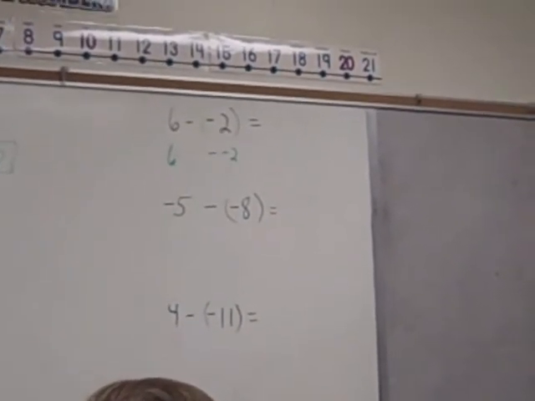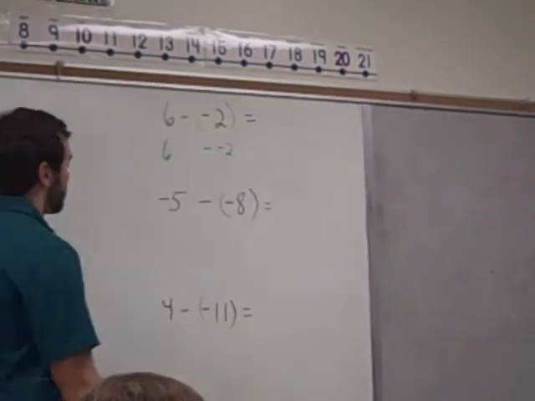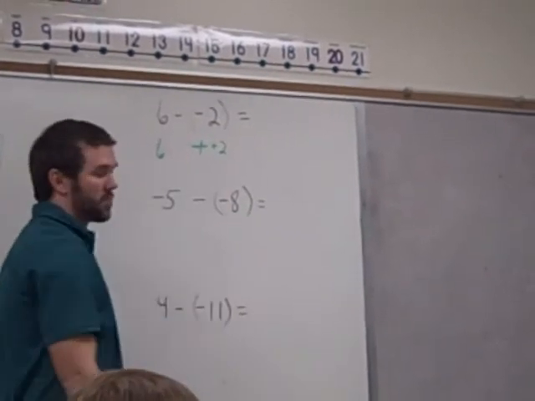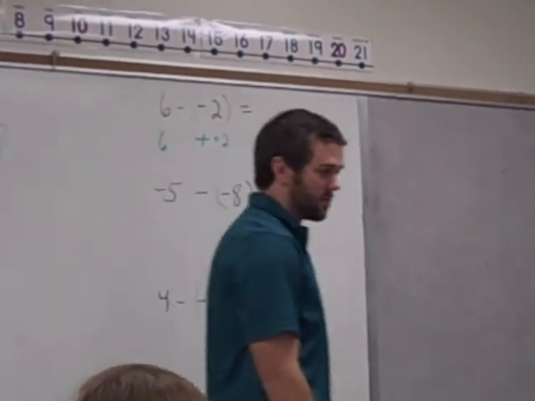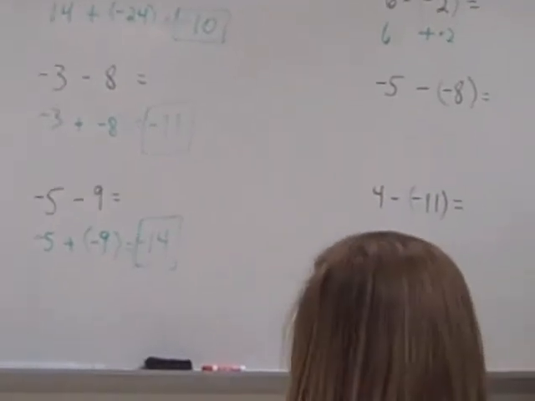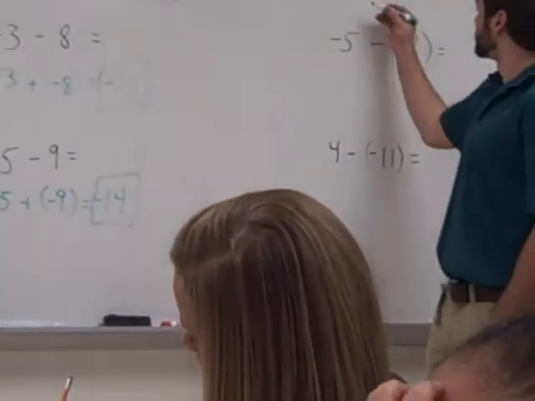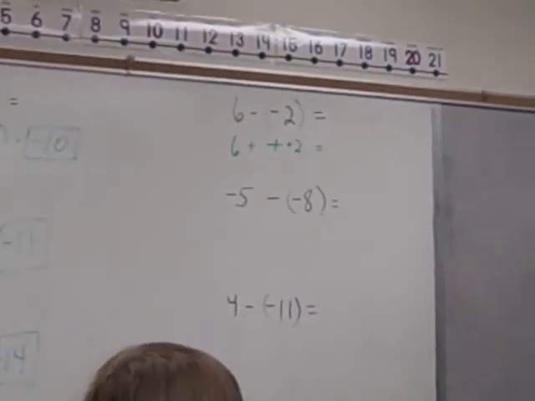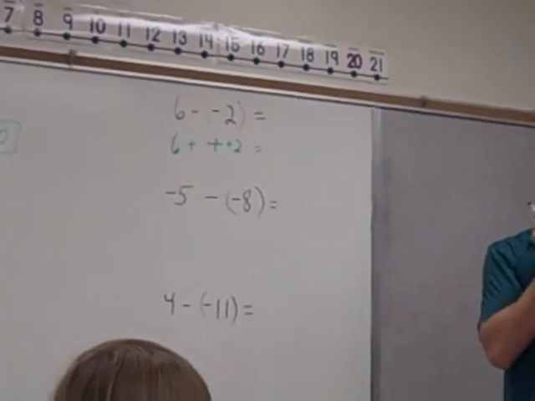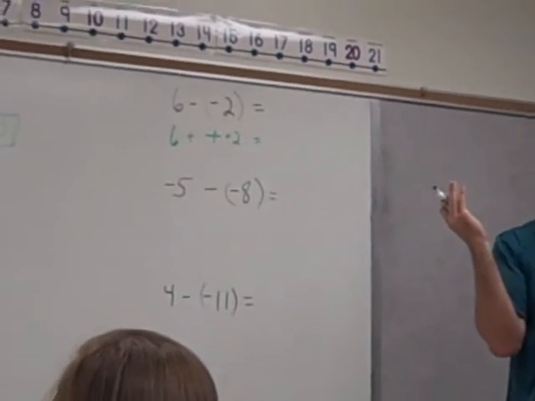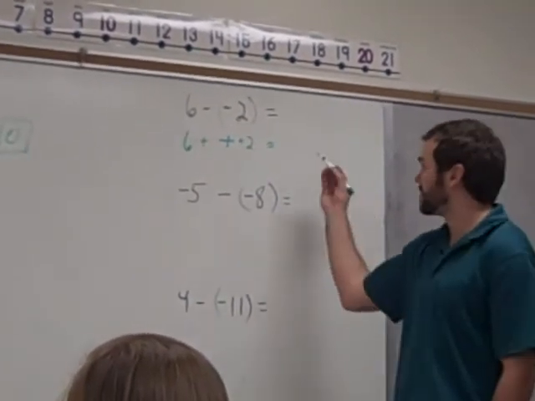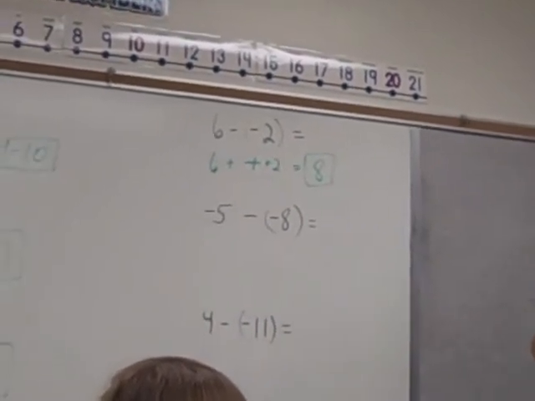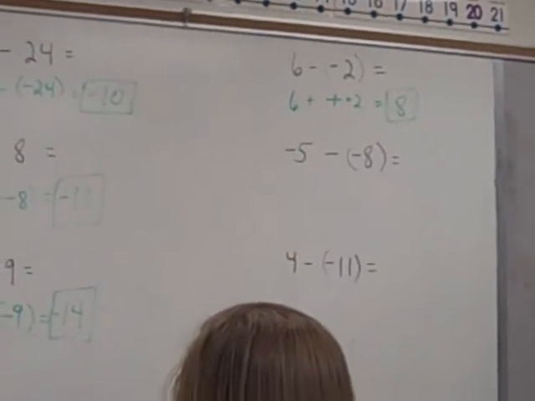Change both. Addition sign. So I now have 6 plus positive 2. Okay, we forgot to put our first plus sign for step 2. So really we got a plus, plus, plus. There. 3 pluses. But now all it is what? It's really 6 plus 2, right? And it's just 8. That's it. So all you do is just change both of those to a plus.